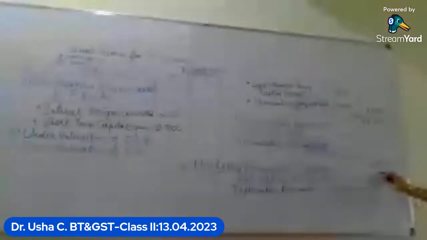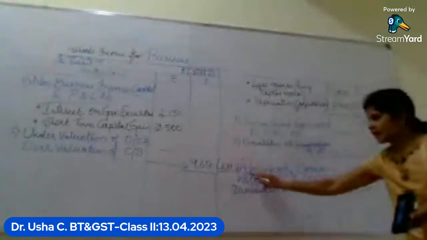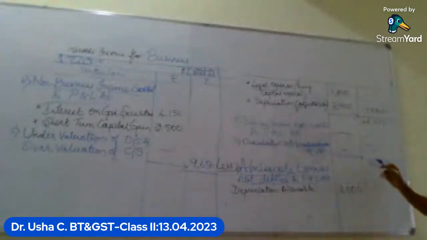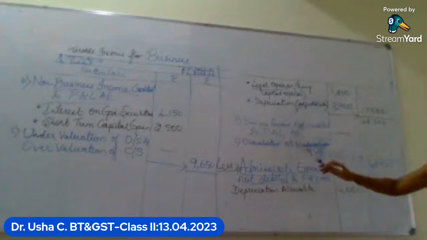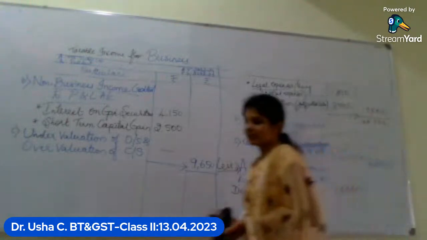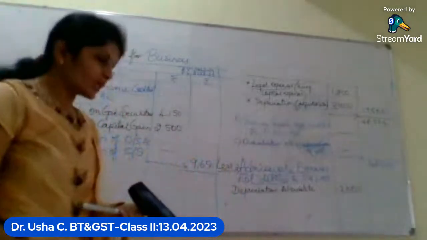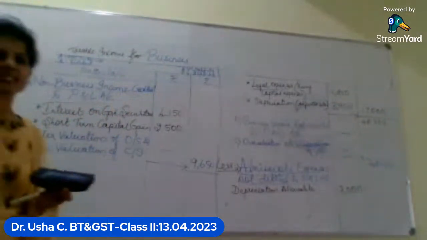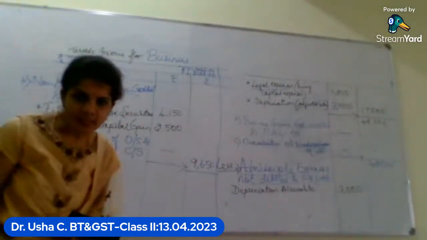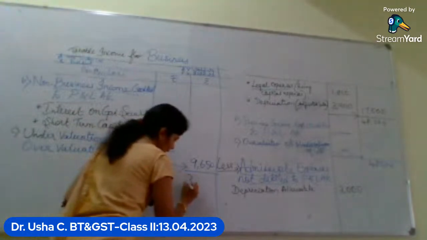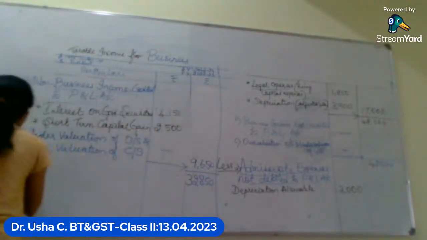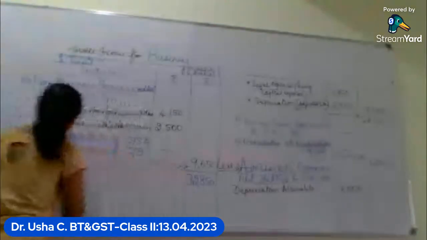Yes, we have to deduct this amount of 3,000, 4,150 and 2,500, put together total of 9,650, from 42,500. Can you tell me what 42,500 minus 9,650 is? 32,850. Is it correct? Others also check and tell me whether it is correct.